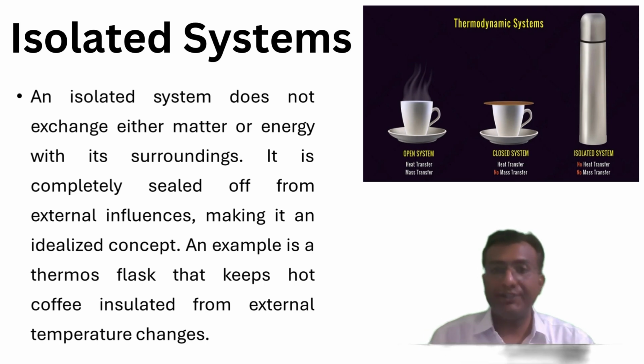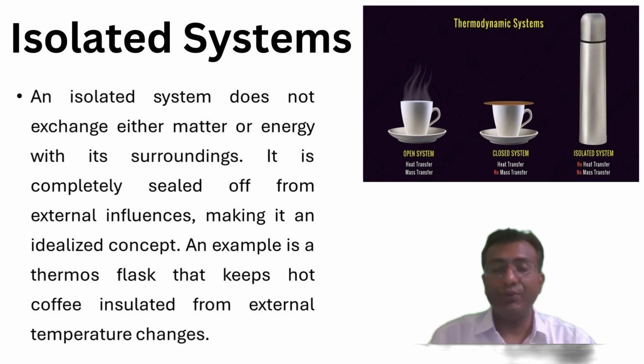An isolated system does not exchange either energy or matter with its surroundings. It is completely sealed off from external influences. An insulated thermos flask can be considered as an isolated system. If we keep coffee in a thermos bottle, it remains hot for a longer time.